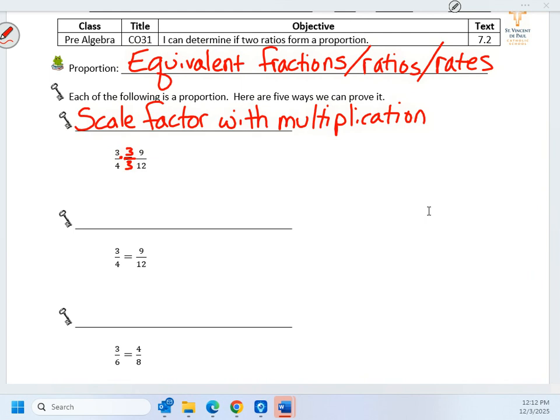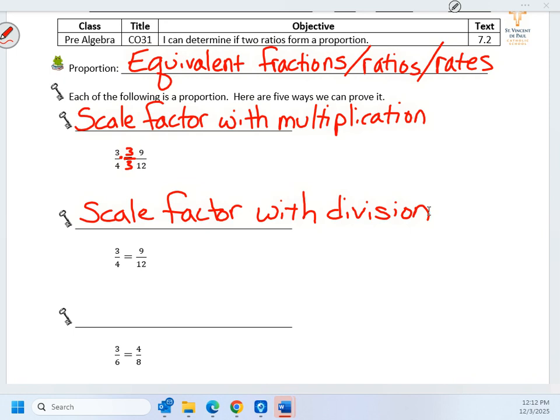The second one is doing scale factor, but this time with division, when we are simplifying down. So same idea. Instead of what am I multiplying by to get up to the next fraction, now it's what am I dividing by to simplify it down. So what would our scale factor be here?